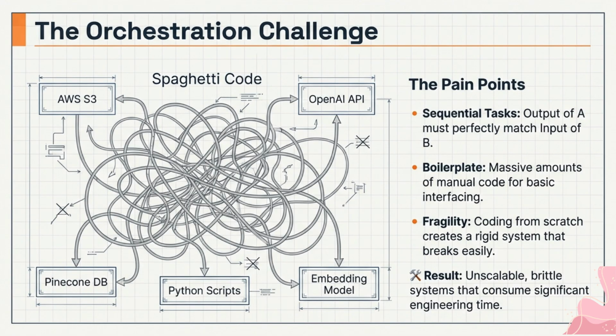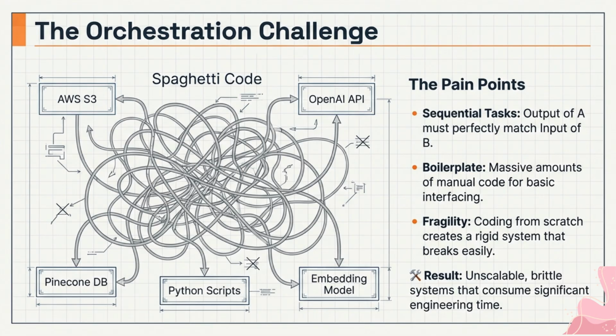Look at this diagram. This is what it looks like when you code from scratch. AWS S3 over here, OpenAI API there, Pinecone database, Python scripts everywhere, spaghetti code. The problems: sequential tasks. Output of A must match input of B. Tons of manual glue code.